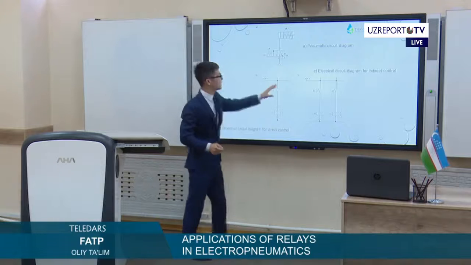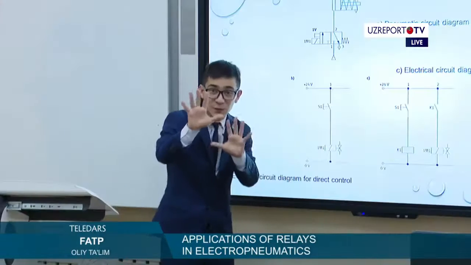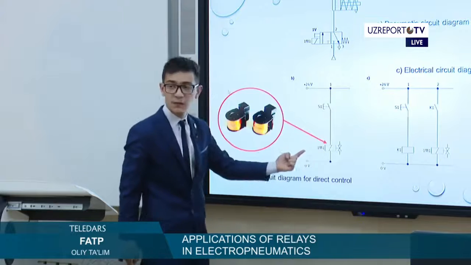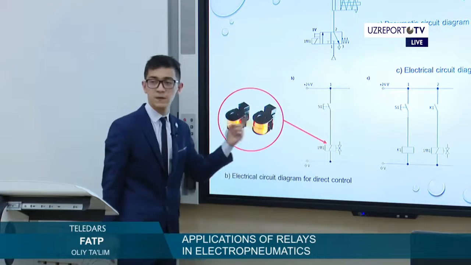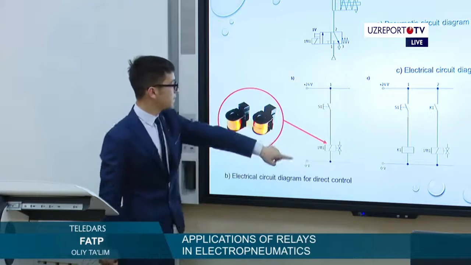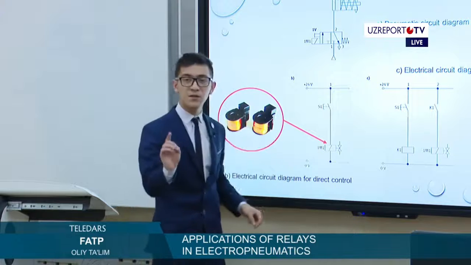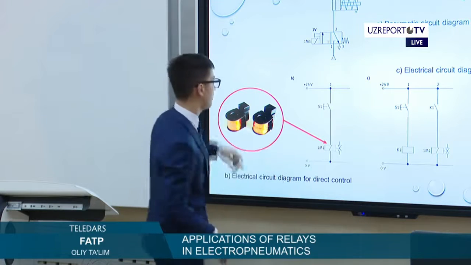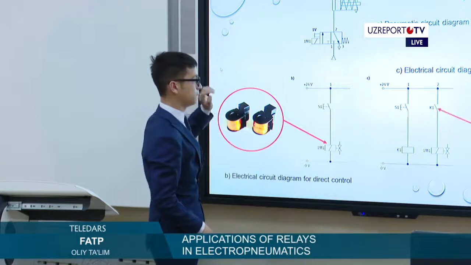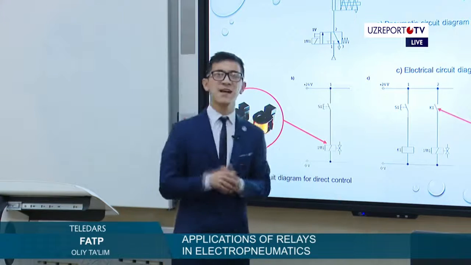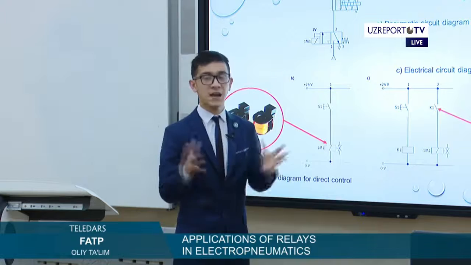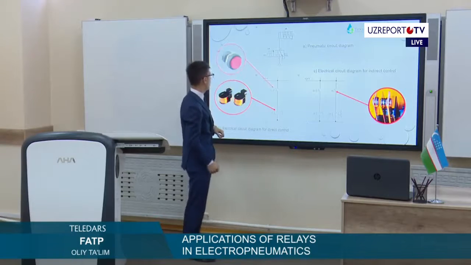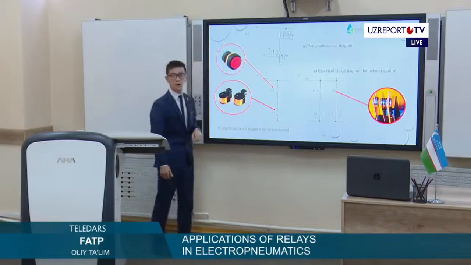And here we have B and C. Let's read how it looks. In the downside, M1 is the coil of the relay. It's shown in this form. Remember, students, everywhere it is shown in this symbol. Next one is K1. K1 is a connection, a contact of the relay. And S1 is a push button.